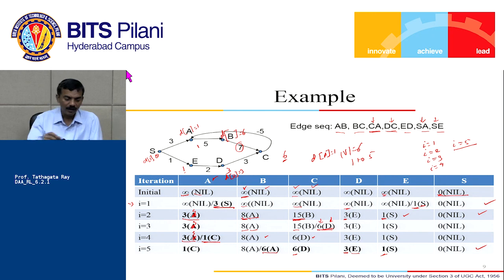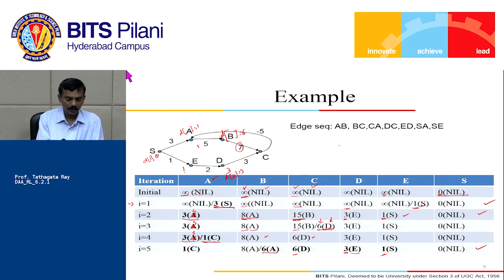Now the question is, what is the shortest path to, let's say, vertex A from S? How do I find that? The way to find it is to look at A and ask, how do I reach A?